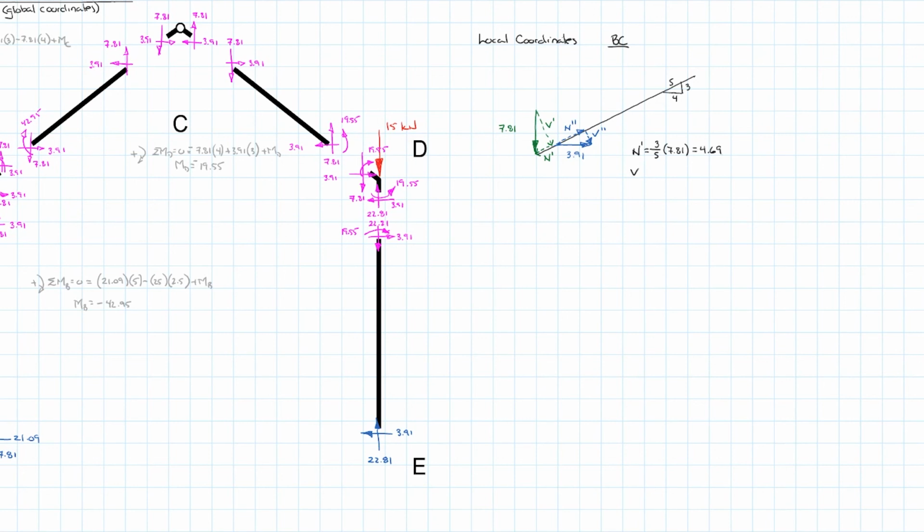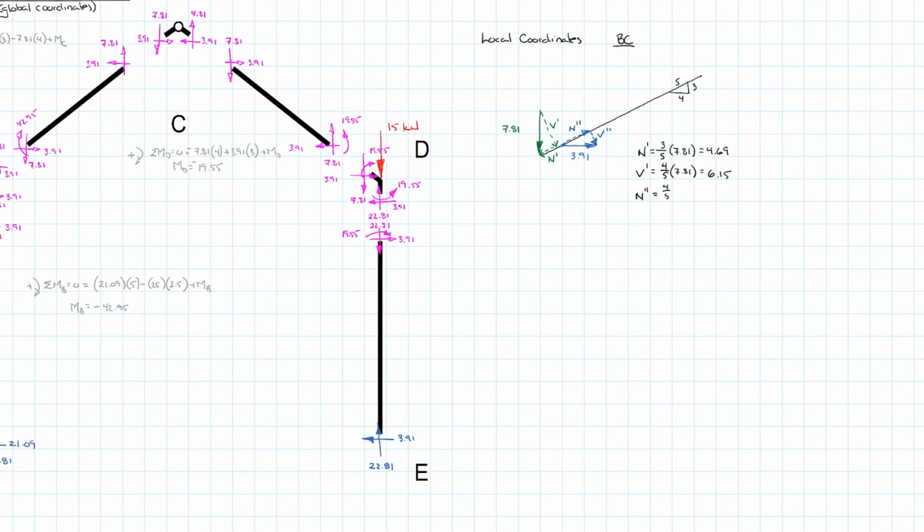And if I look at V prime, that's going to be the longer of the two sides relative to the hypotenuse, or 4/5 of 7.81, or 6.15. And then I'll resolve the 3.91, so that will give us values for N double prime. It is on the long component of the hypotenuse 3.91, so that's equal to 4/5 of 3.91.